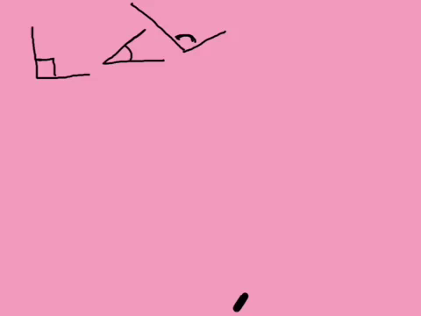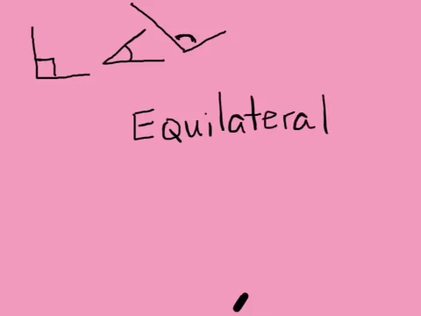Okay, we're going to take those three angles and make them into triangles. The first triangle we're going to talk about is equilateral. As we're talking about math or any subject, there's always a prefix that kind of gives it away.